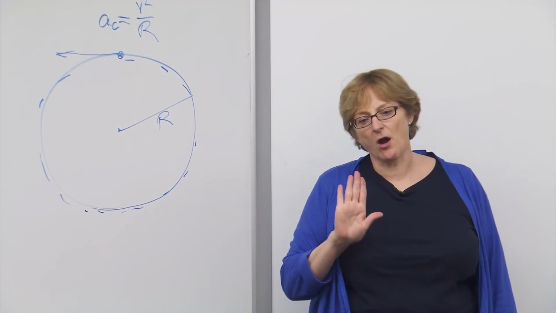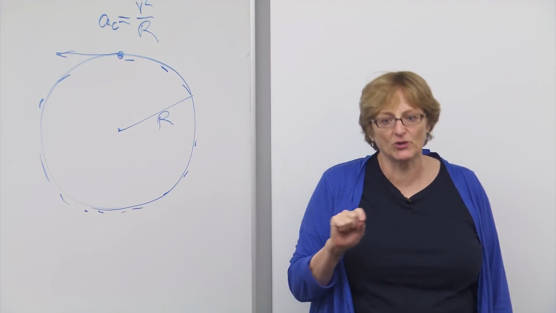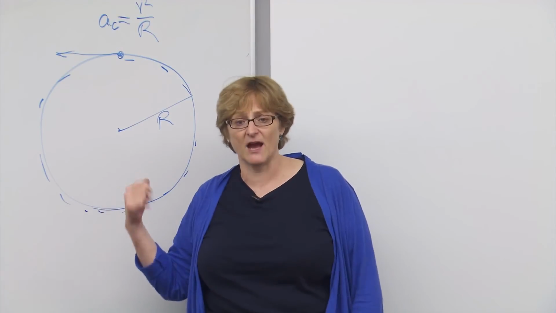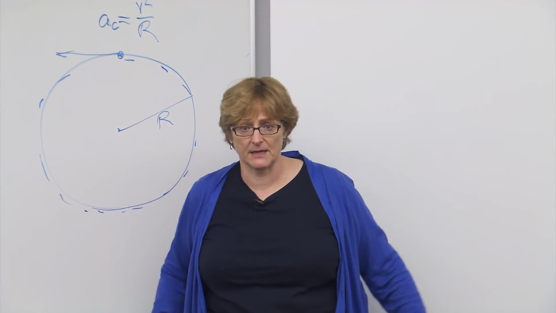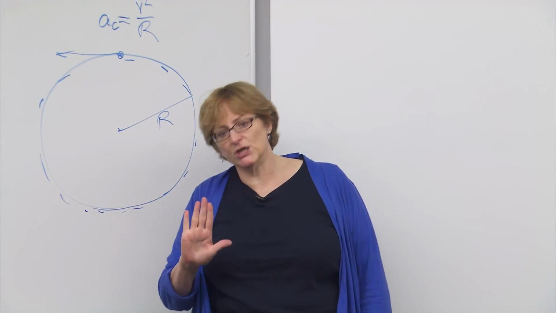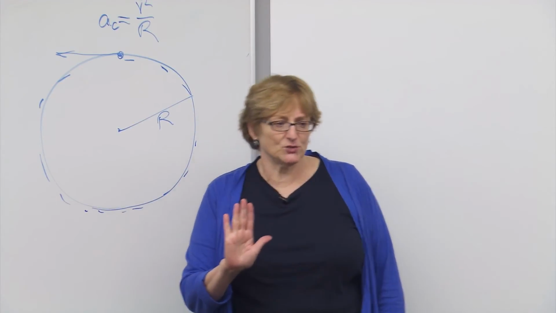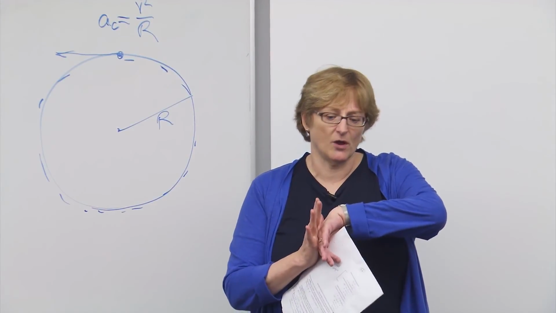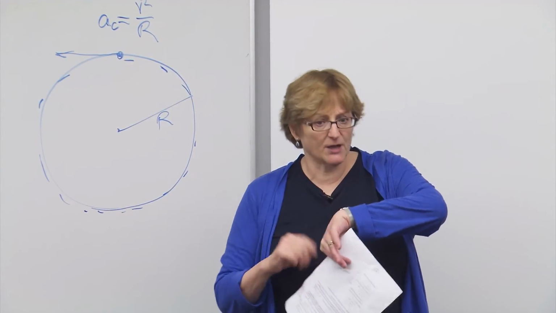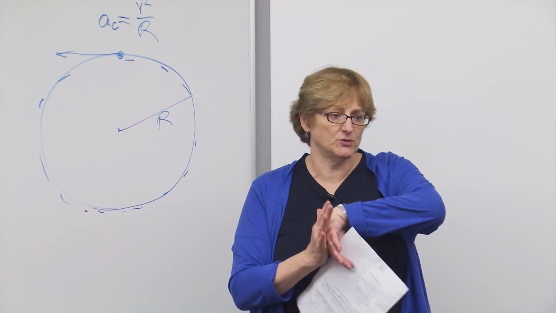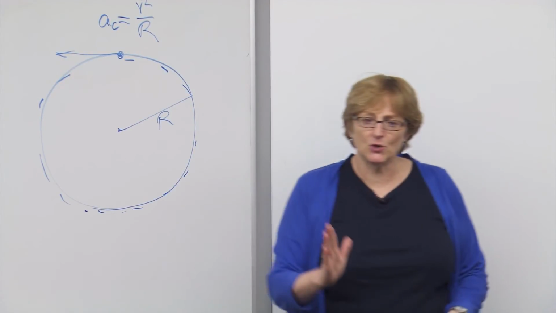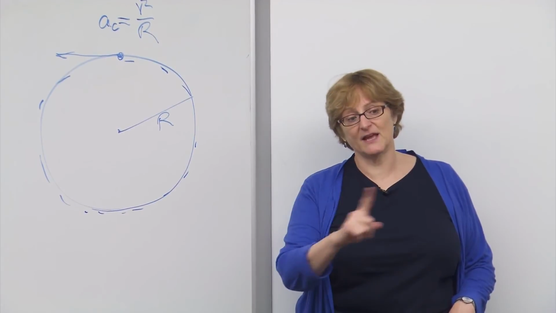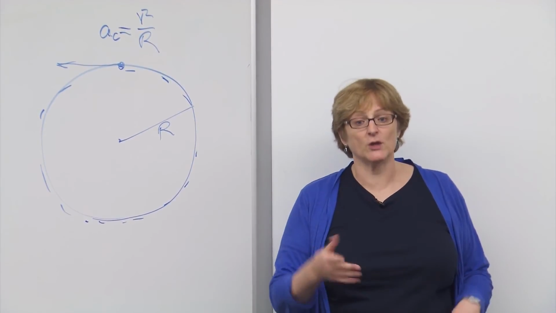The faster you go, the harder the wall needs to push you in order to keep you going in a circle. And you're not going to fly through the steel wall, right? That's not going to happen. So the wall is pushing you harder. And as it pushes you harder, you start to be pinned against the wall. That is, gravity is pulling on you, but there's a friction force holding you to the wall. So it keeps you from sliding down. And believe me, if they slowed that thing down without bringing up the floor, you would slide down.